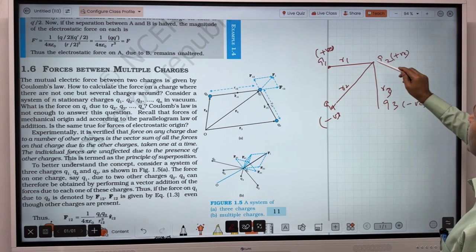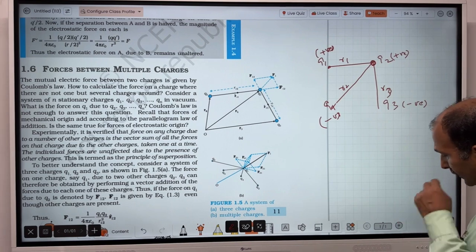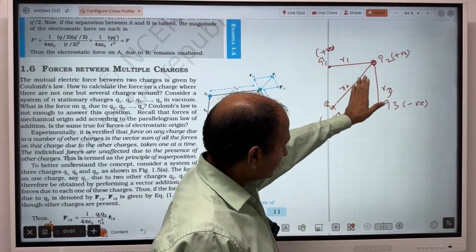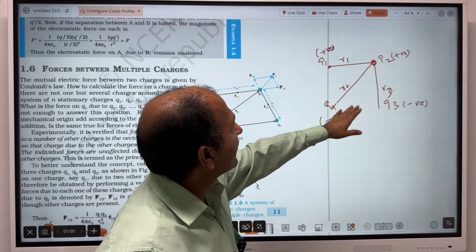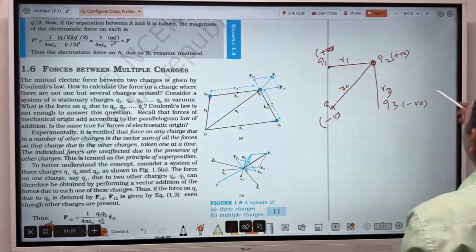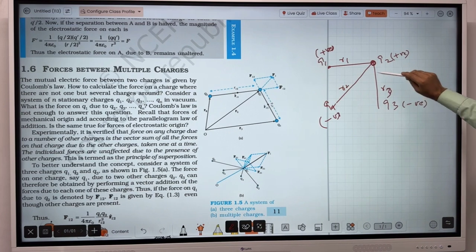And now let's see what is the net force on charge Q2. So if the angle is given, we can easily evaluate. Here I will just show you the direction. Later on we will evaluate such types of questions with certain angles. So here what will happen?